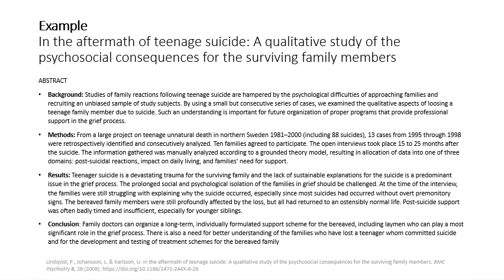They used an open interview method 15 to 25 months after the suicide. So they just talked to them, which seems like a very respectful way. The information gathered was manually analyzed according to a grounded theory model, and we'll look at what this means, resulting in allocation of data into one of three domains: post-suicidal reactions, impact on daily living, and families' need for support.